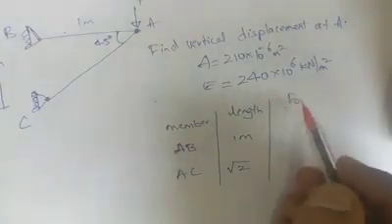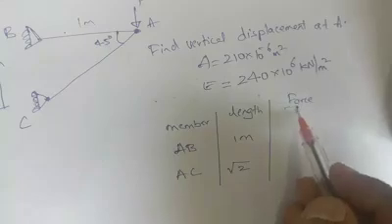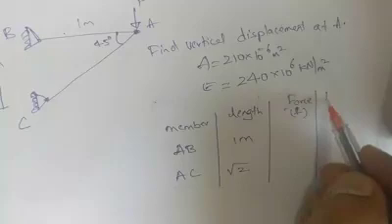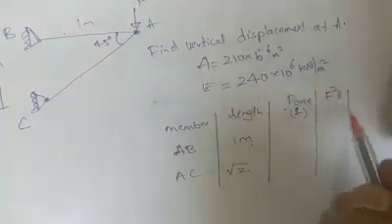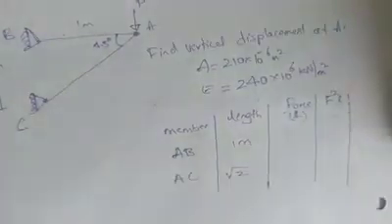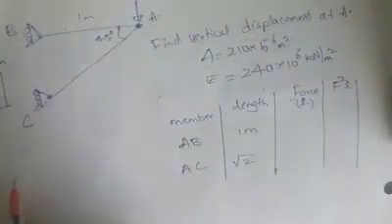And we have to find out forces in each member. Then we will be going for F square L, one column is there. The first is the method of joints.